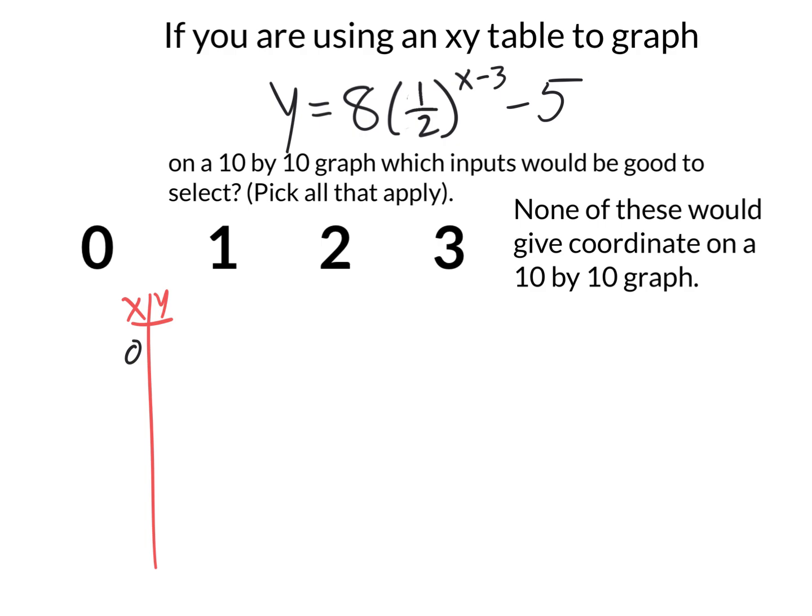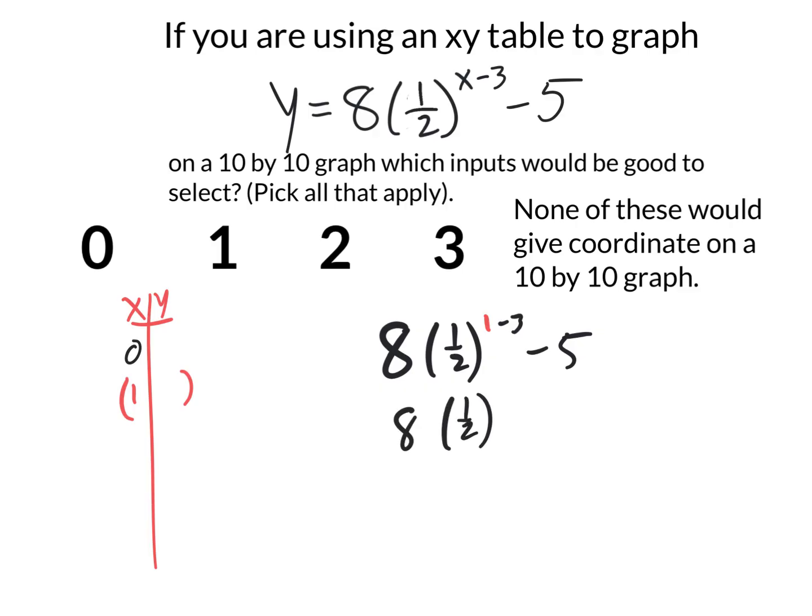Likewise, if you tried the number 1 right there, 1 minus 3, let me show my work so you're not confused. If you plug in a 1, it's also not going to work because 1 minus 3 is negative 2. So you're going to have 8 times half to the negative 2 power minus 5.